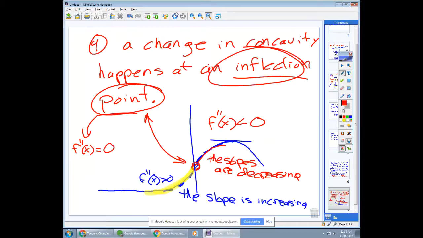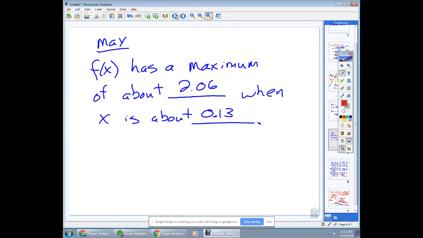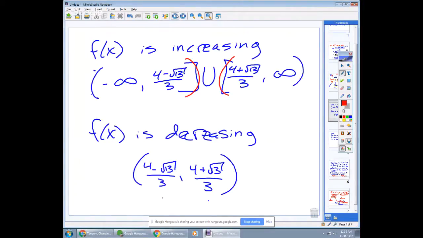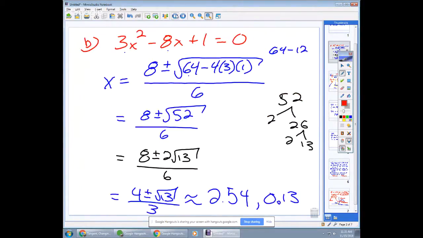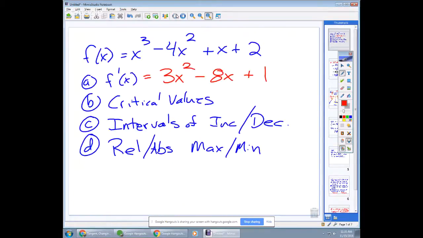So backing up a page just to see my original function. Nope, one more. There we go. Okay, so that function right there. So I'm going to add a part E here.